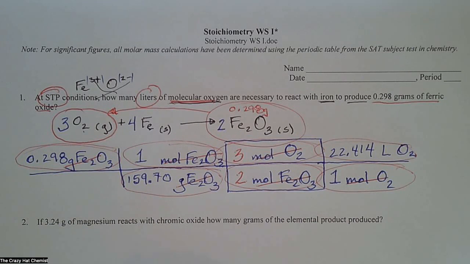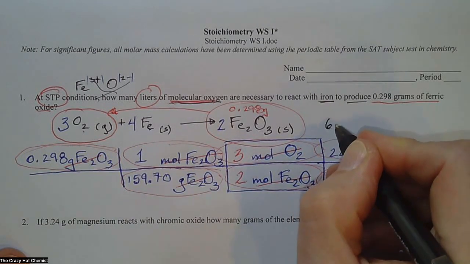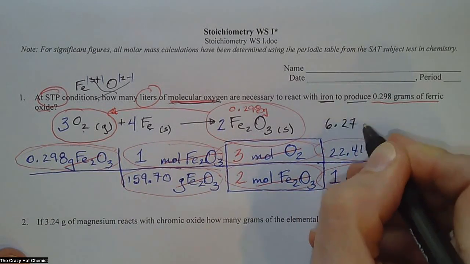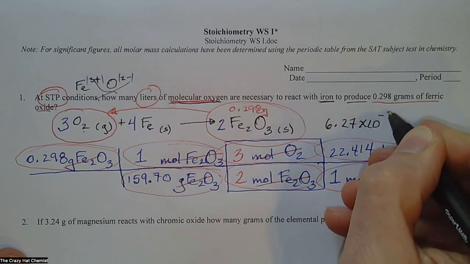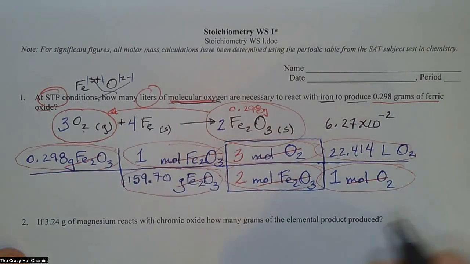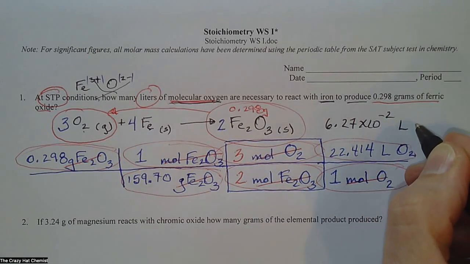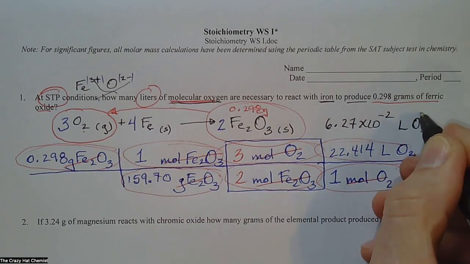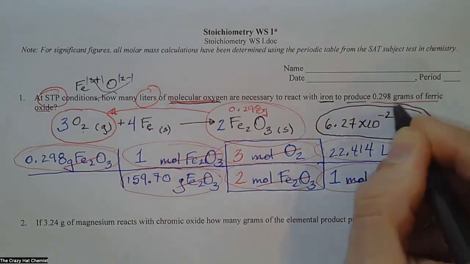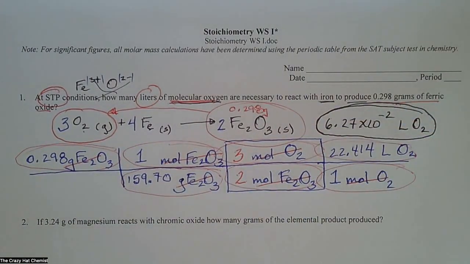And the number that I get on this here is going to be, let's see, here we go, 6.27 times 10 to the negative 2. The units are liters, and the formula is O2. So this is my number, units, formula that's rounded correctly.